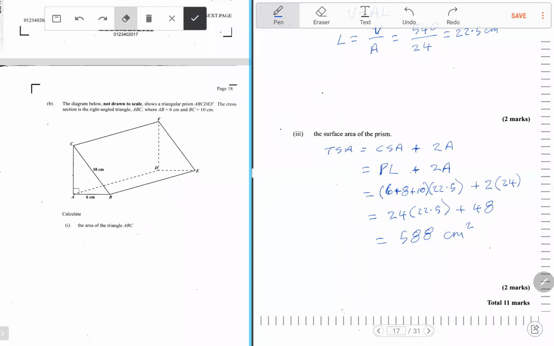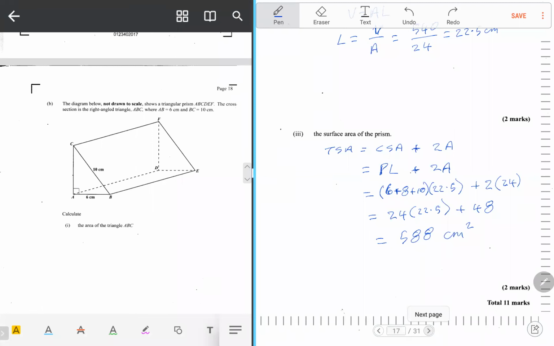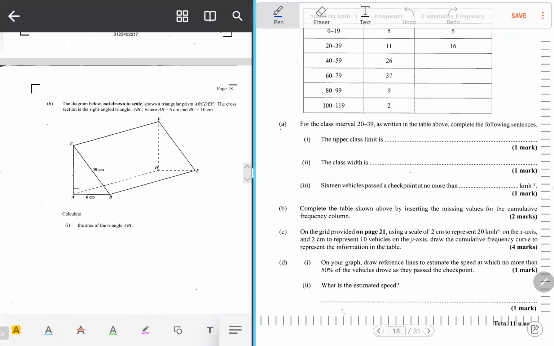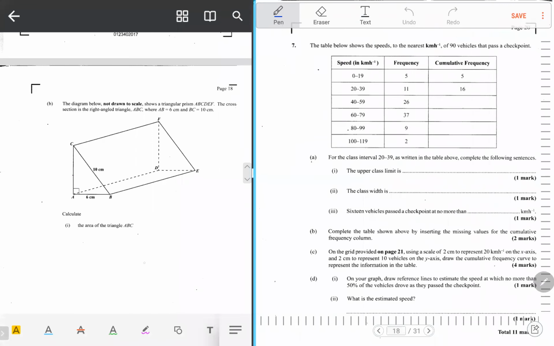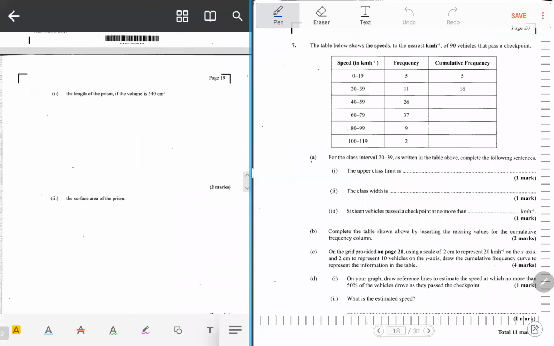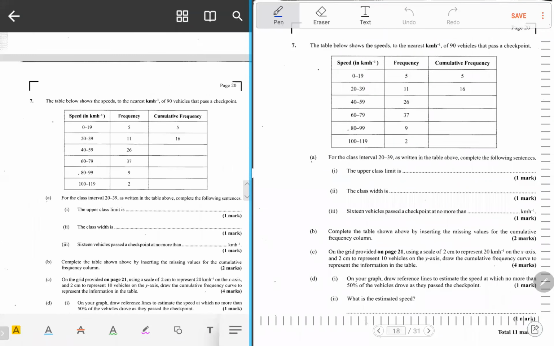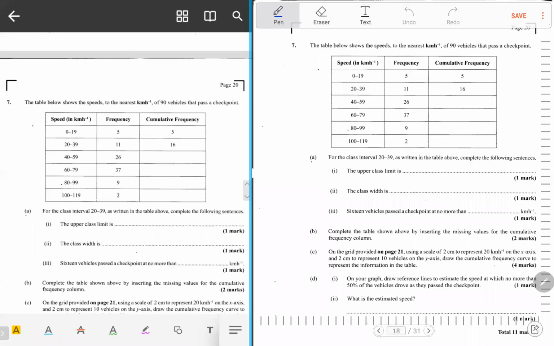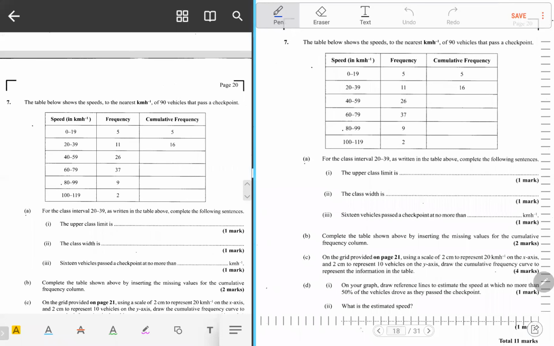Let's move on now to the next one. Question 7, the statistics question.